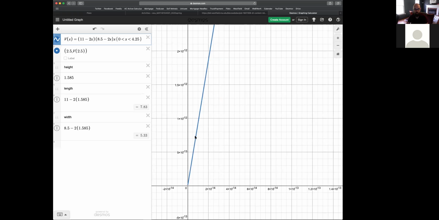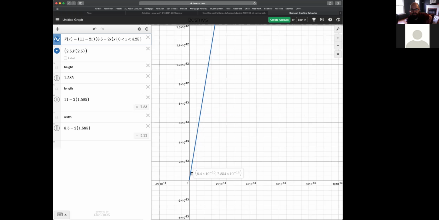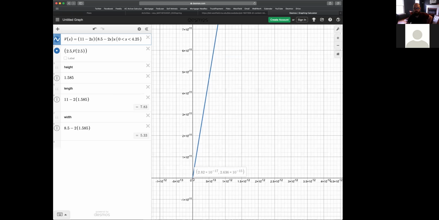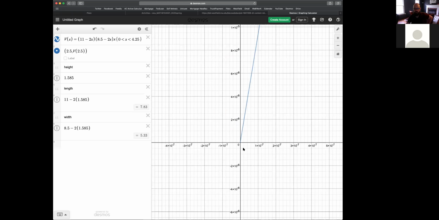Here we have 0.00015 times 8, so still really, really small, but never getting to 0. So this would have no minimum, but it does have a defined maximum.